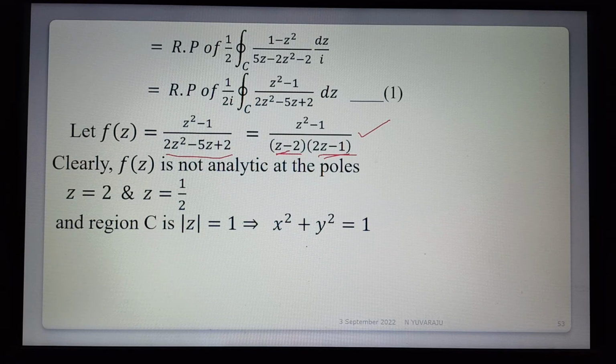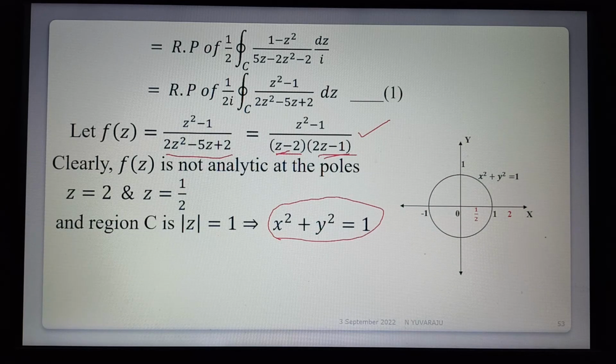And the given region is x square plus y square is equal to 1. Center is 0, 0, radius 1. So in the region, the 2 points are inside or outside? Now verify. Okay, see the graph. This is the given circle, radius 1, and 1/2. So this is the first point, 1/2, here 1/2.